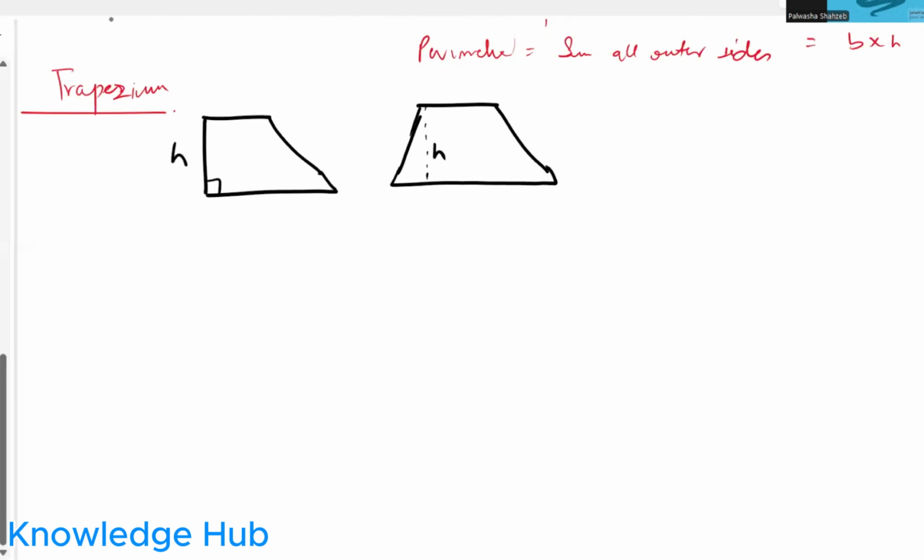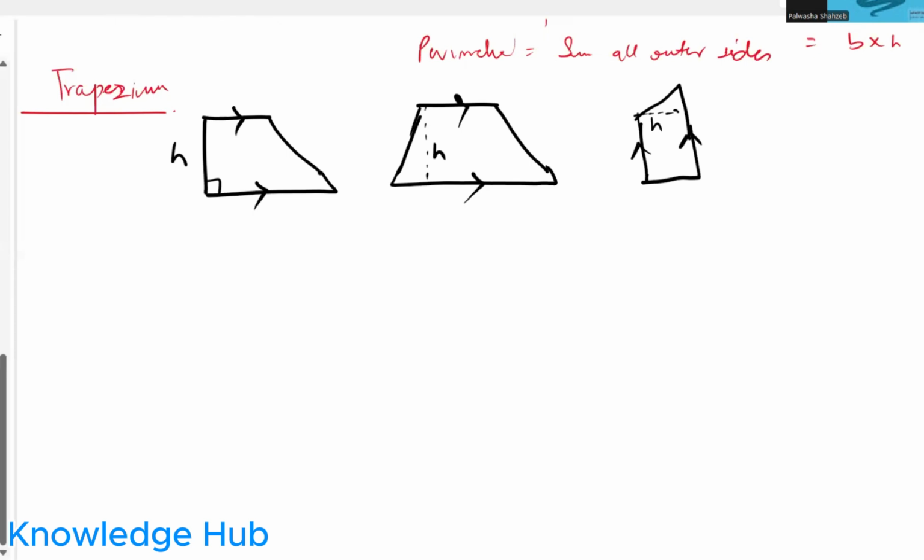So whenever we talk about trapezium, you should know that it has a pair of parallel sides. Normally in exams, you can get the trapezium like this also, so please don't get confused with it. Just identify the parallel sides first of all, whenever you see a trapezium.